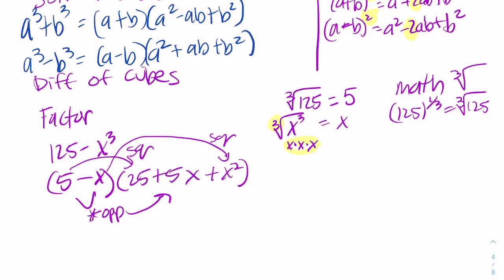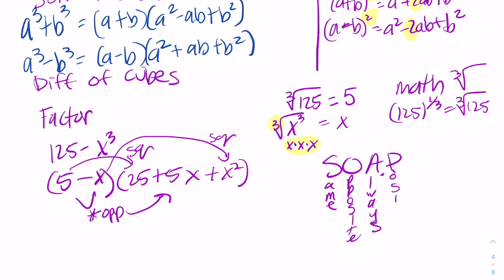Now, another way that you could do this is you could use this acronym of SOAP to help you remember the signs. So SOAP stands for the same, then opposite, not odd, sorry. Opposite, and then this last one is always positive. Okay.